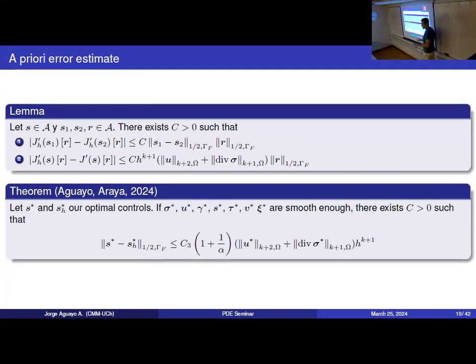The second one is just an approximation property, and the first one is a Lipschitz property for the first derivative. And the idea is to obtain this kind of result for the finite element approximation. You can see this term. This term is very bad for us. When alpha is going to 0, this term blows up. And this term would ruin the entire theory when alpha is smaller and smaller.